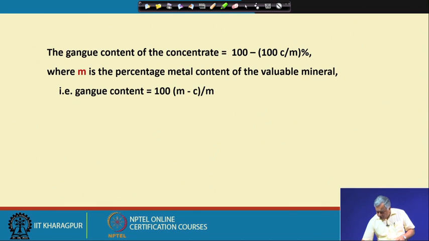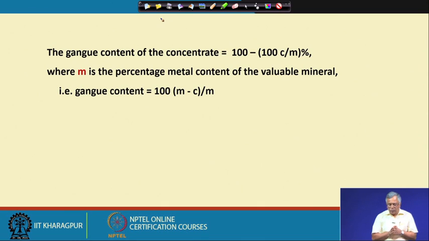Now, suppose I have a hematite ore. Hematite is chemically written as Fe2O3.